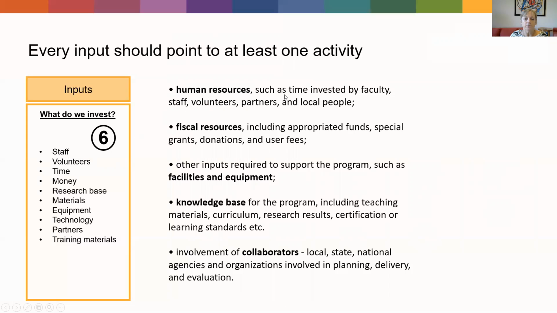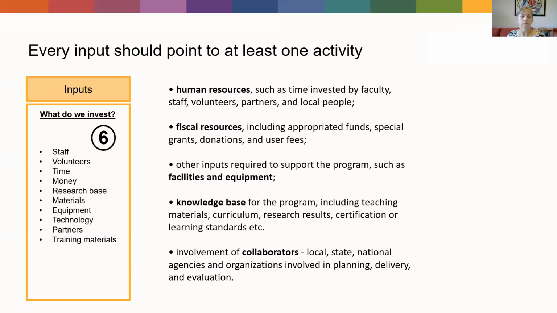Human resources such as time invested by faculty, staff, volunteers, partners, and local people. Fiscal resources: appropriated funds, special grants, donations, user fees. Other inputs required to support the program, such as facilities and equipment. And a knowledge base for the program.